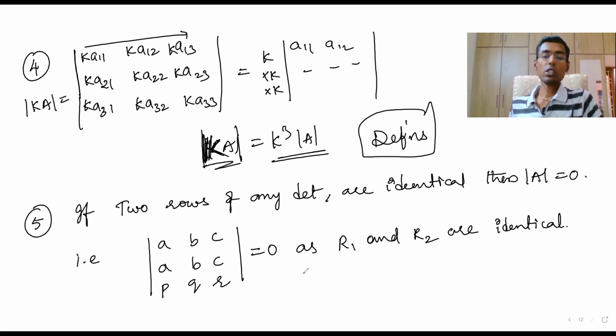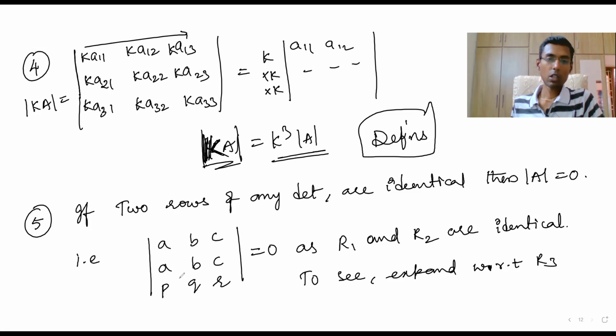Now to see this, expand with respect to the third row, R3. It is p into its cofactor bc minus bc, which is 0, right? P into its cofactor bc minus bc, 0. Yes or no?